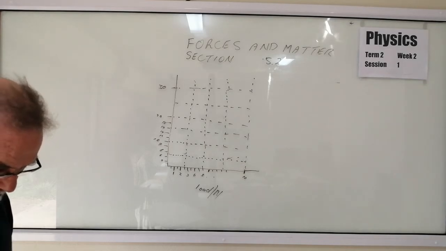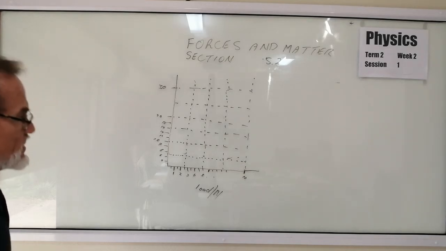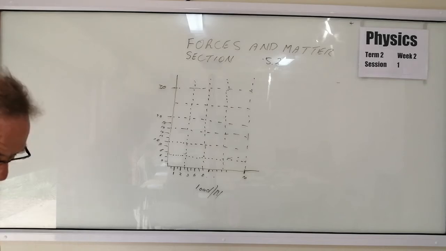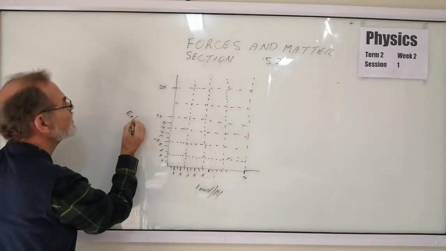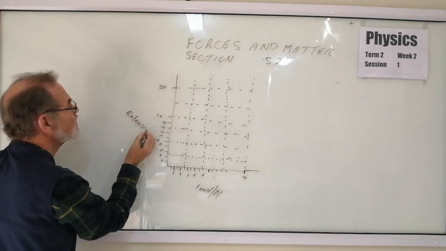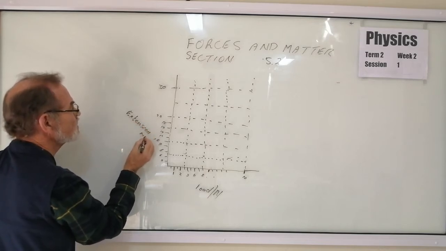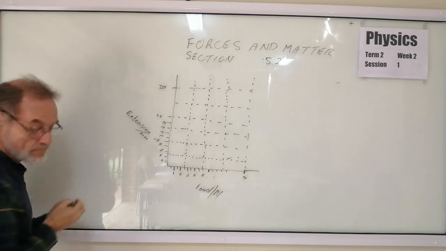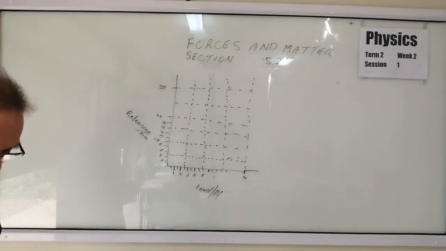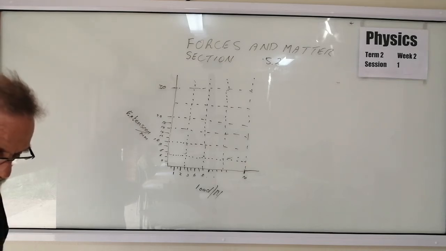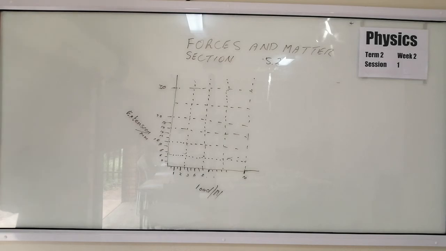We've now got to label the y-axis, the dependent variable, which is extension in millimeters. And now we must give the graph a heading.